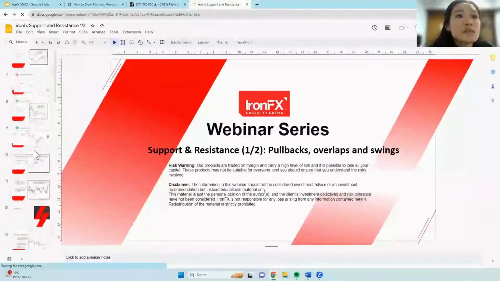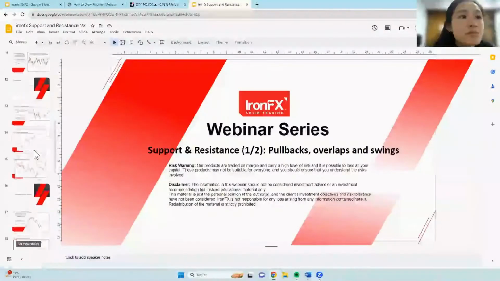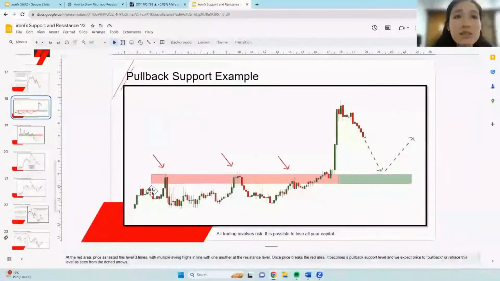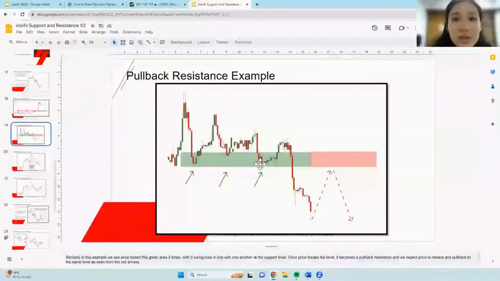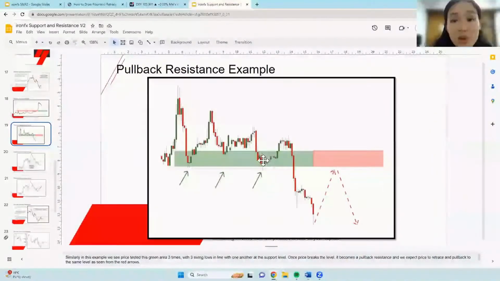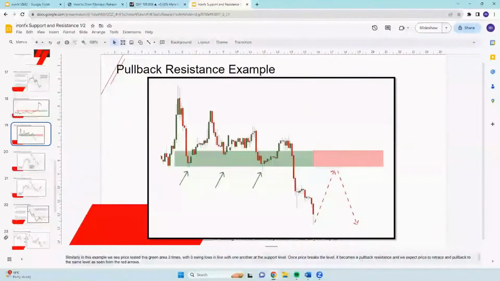Okay, here. So a pullback is like this. Resistance, similar to what we saw earlier; here is my support. Once price breaks under it, it becomes a resistance, a pullback resistance. Okay, once price breaks the previous low, it becomes pullback resistance.